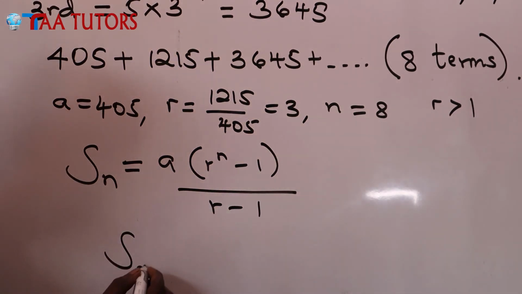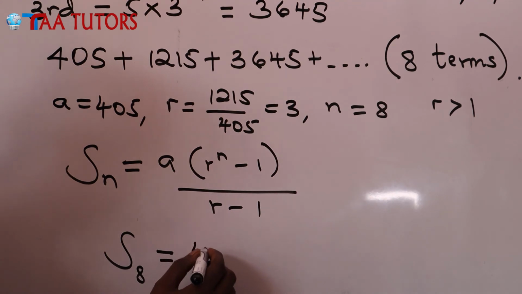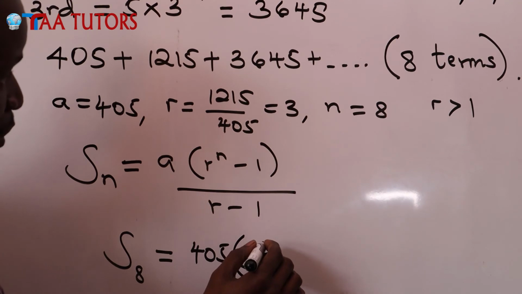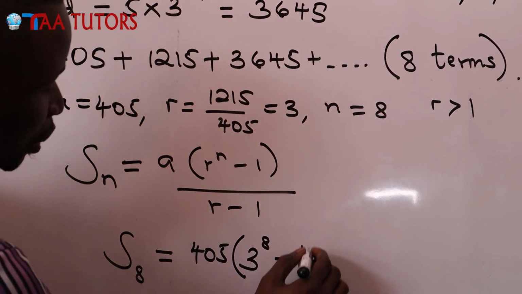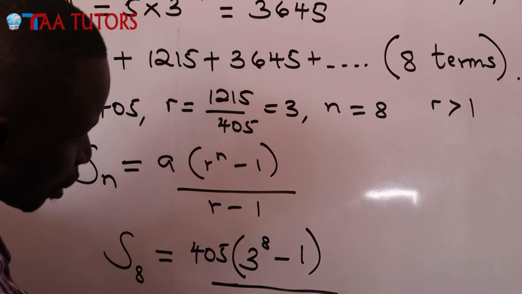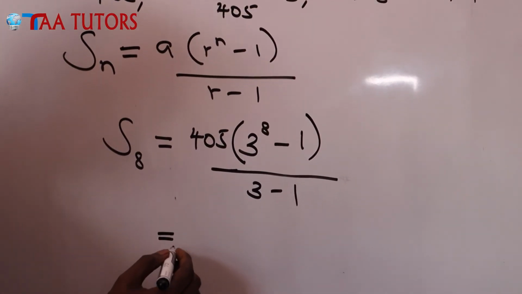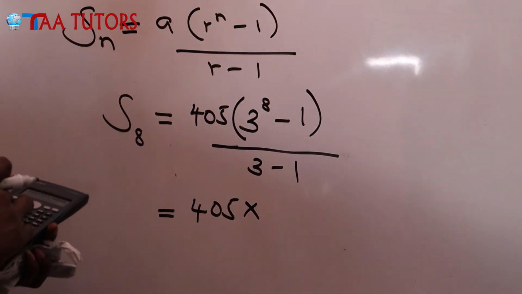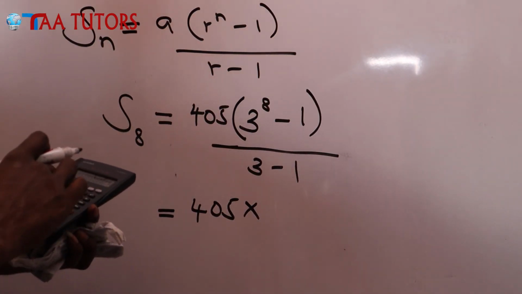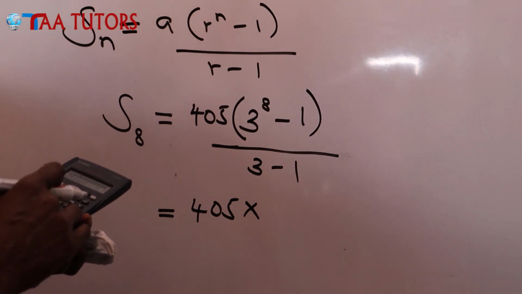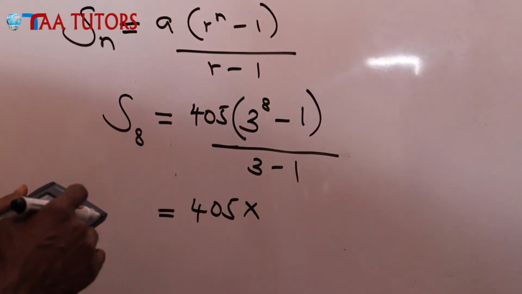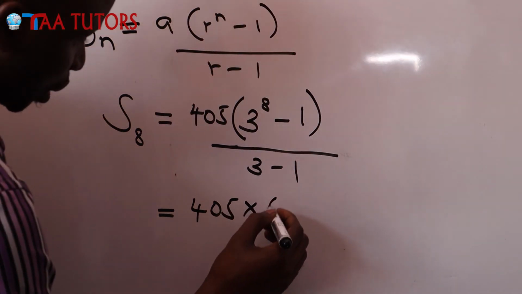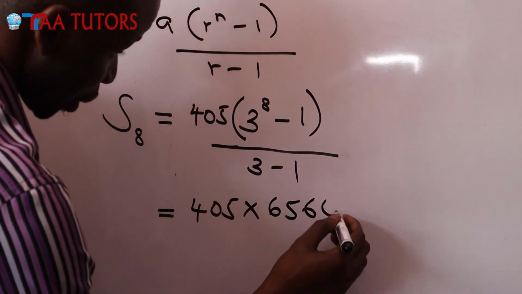So the sum of 8 terms will be a, which is 405, into 3 power 8 minus 1, over 3 minus 1. 3 power 8 is 6561, minus 1 is 6560.